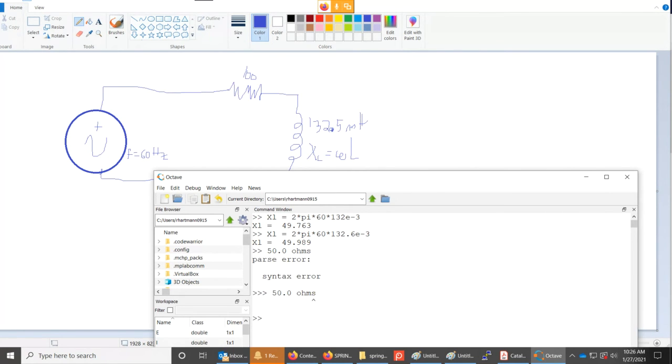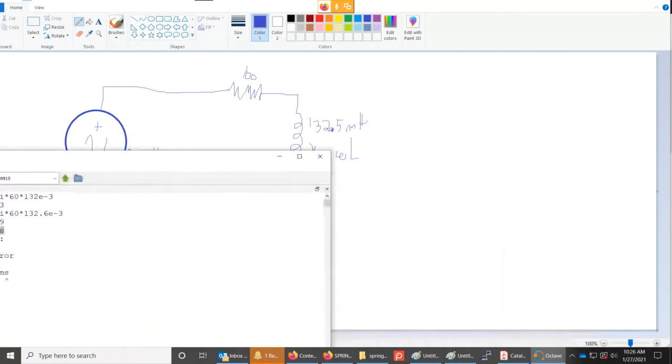So remember, reactances are in ohms. The units of reactances are in ohms. So we'll just call it 50 ohms here to make it easy.